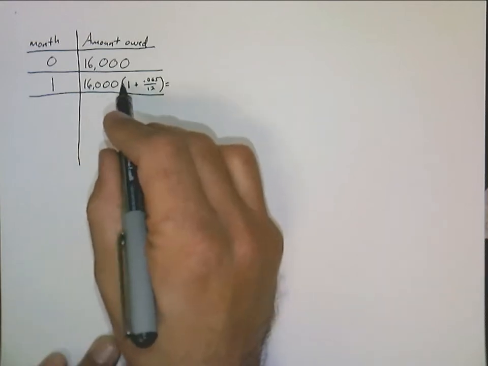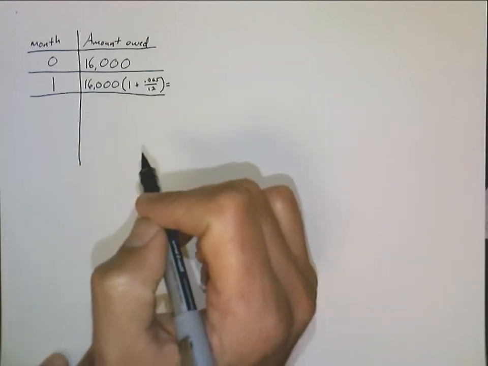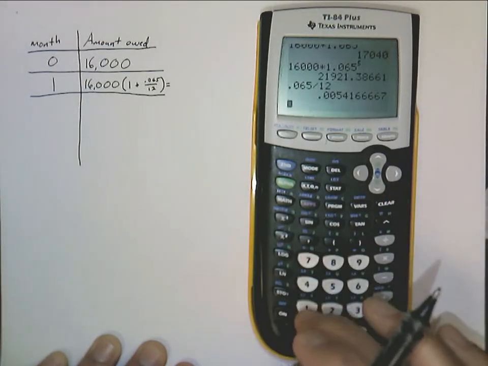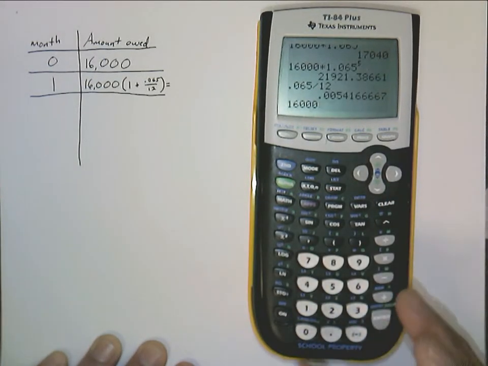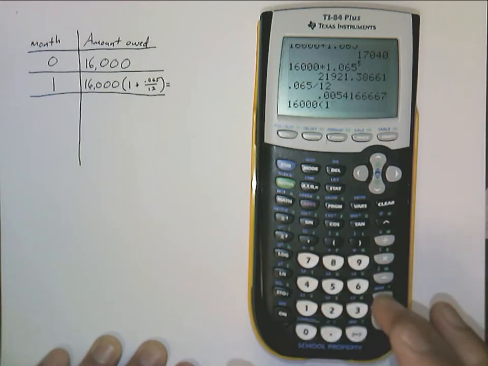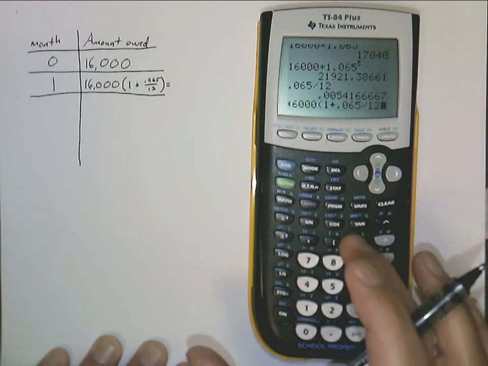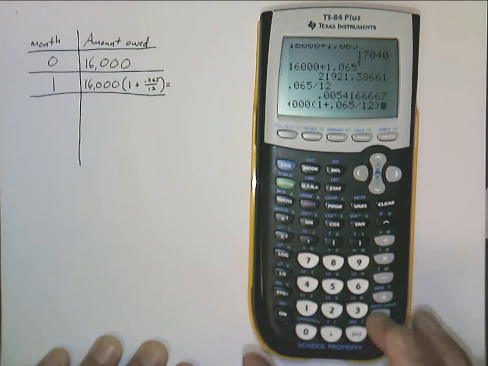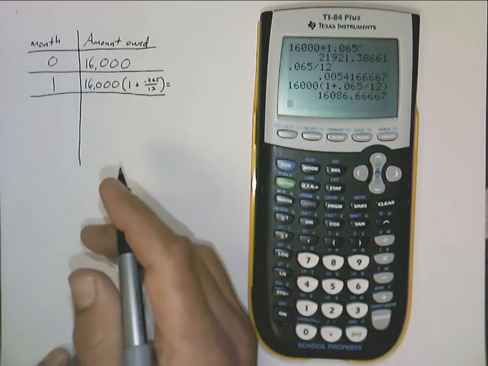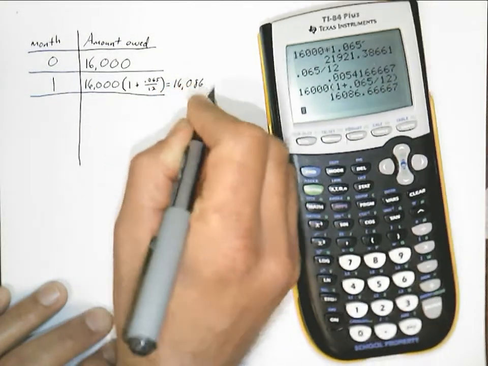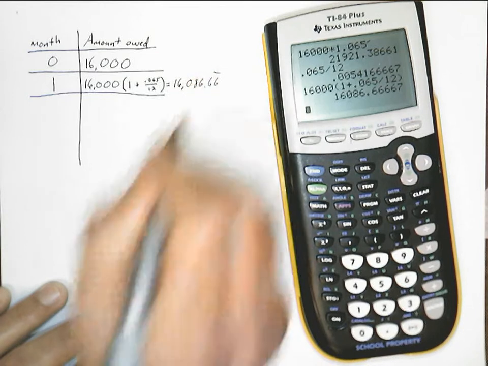Right? You can see that just by distributing in that 16,000. So what that gives us is 16,000 times 1 plus 0.065 divided by 12, which is 16,086.666 repeating.